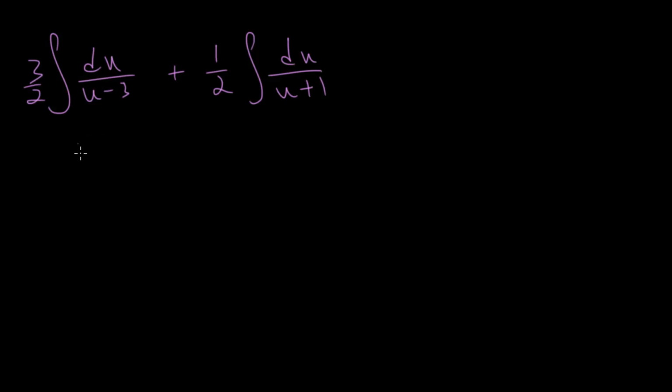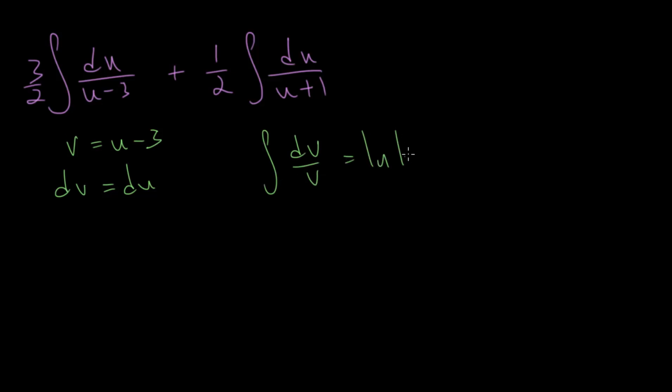But if you want to go through it formally, you can say that v is u minus 3, and that dv is du. So that you get dv over v, and the integral of dv over v is the natural log of the absolute value of v. And it's indefinite, so we have to have our constant of integration there.